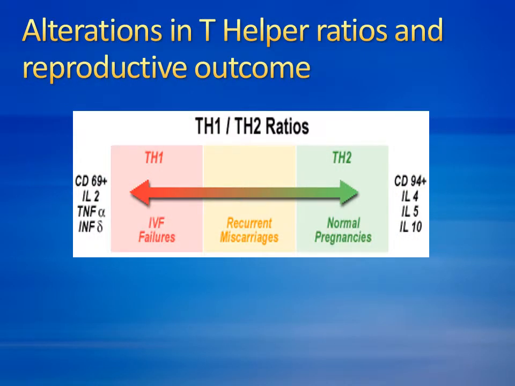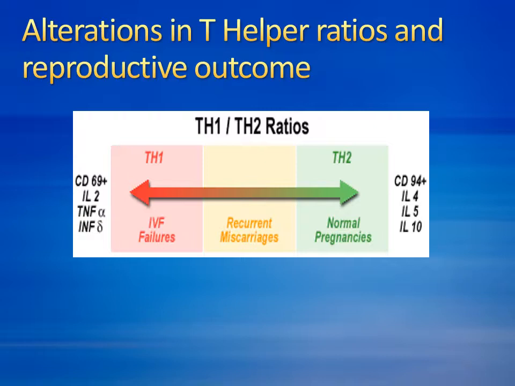Similarly, if we look at the balances of our T cells, and you look at patients who have normal pregnancies, their balances of Th2 cells, which produce interleukin 4, 5, and 10, have been shown to be important in the normal development of trophoblasts and cellular division processes.